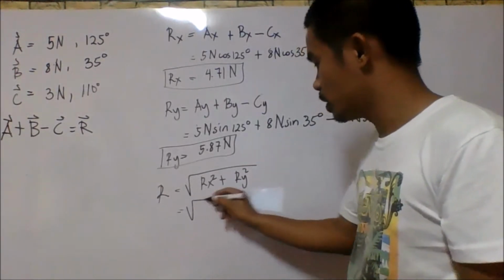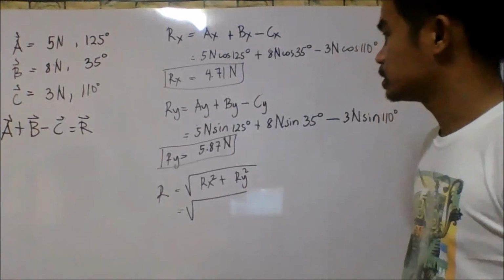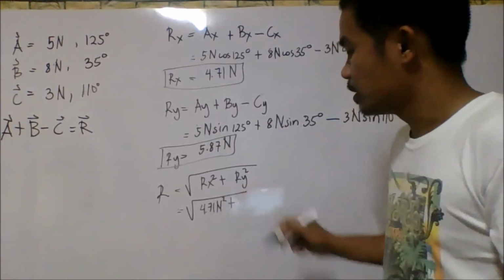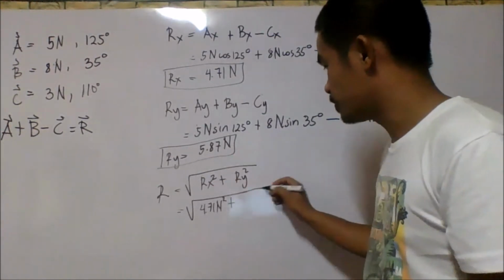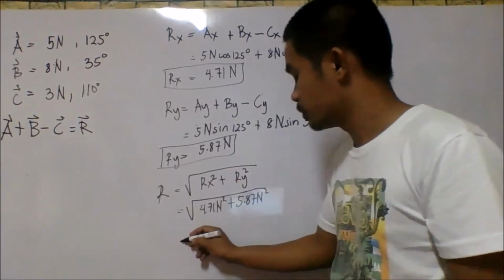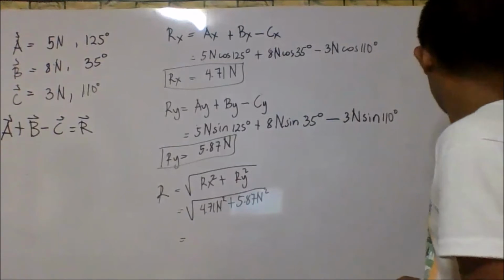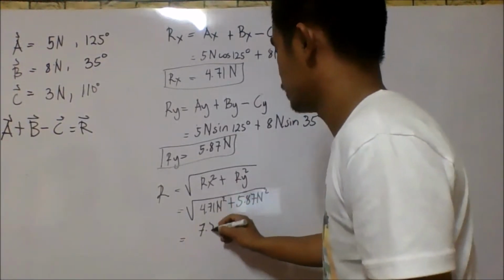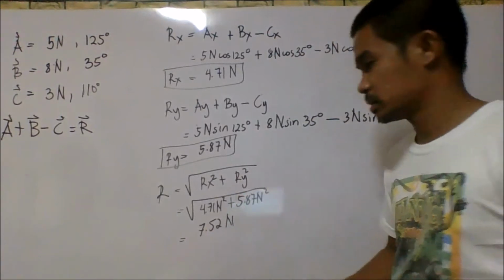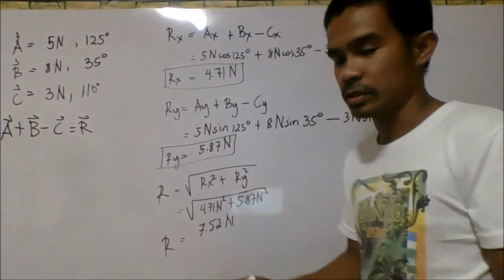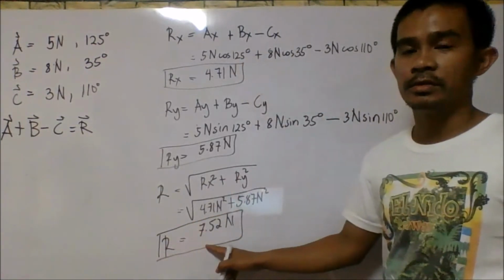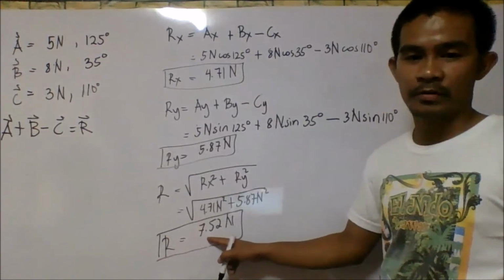So that is the square root of, what's R of x? 4.71 Newton squared, plus R of y, 5.87 Newton squared. So that's approximately equal to 7.52 Newton. You can check if it's correct using your calculator. So we have now the magnitude of vector R, which is 7.52.